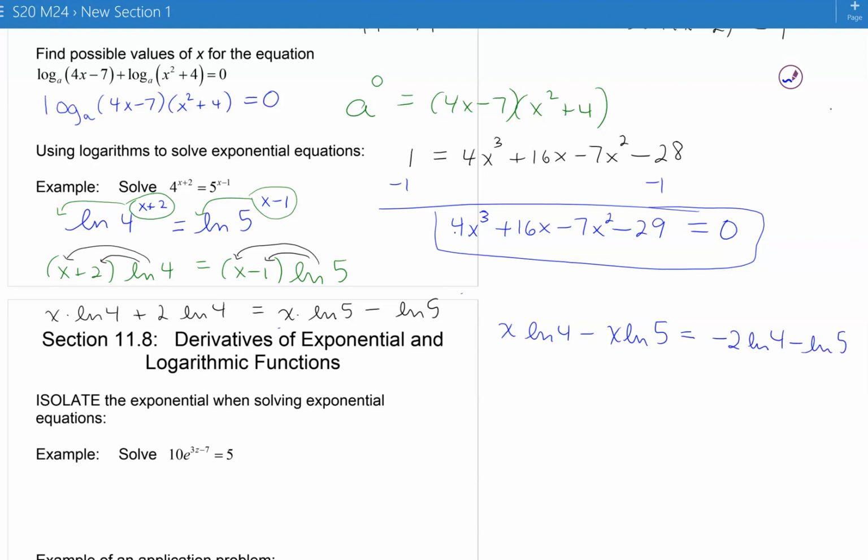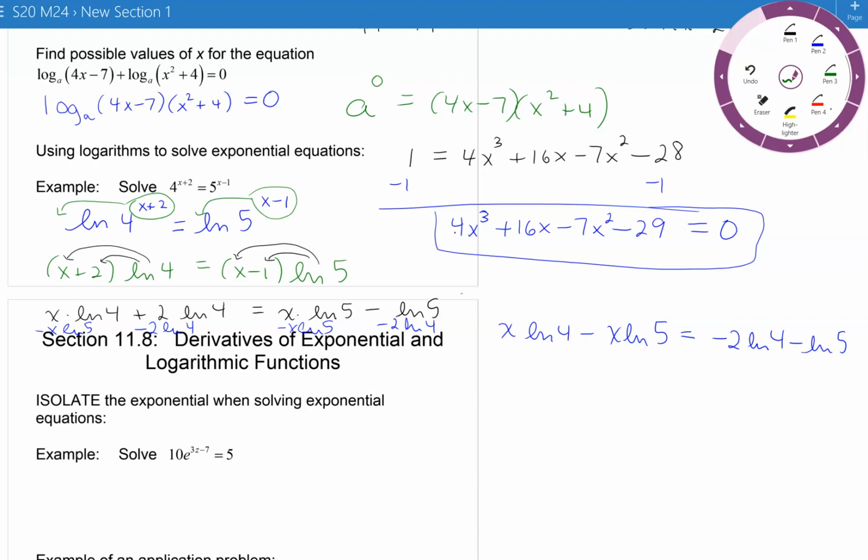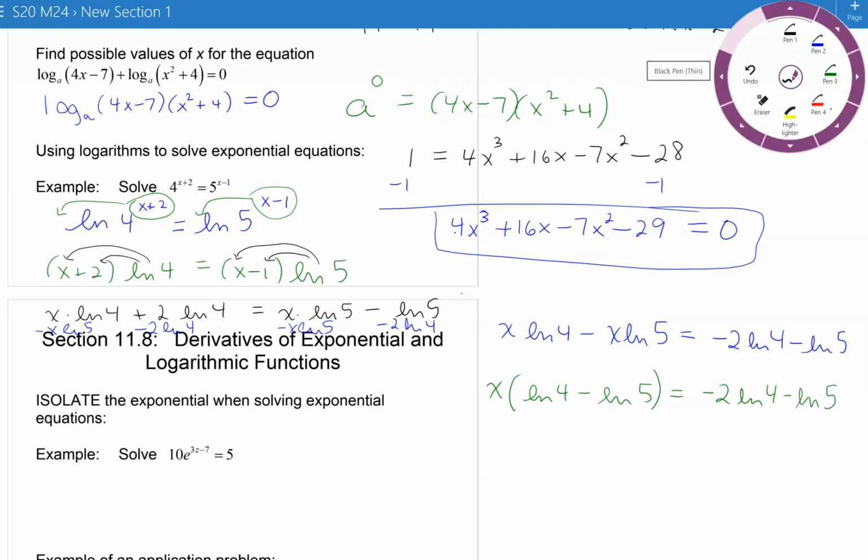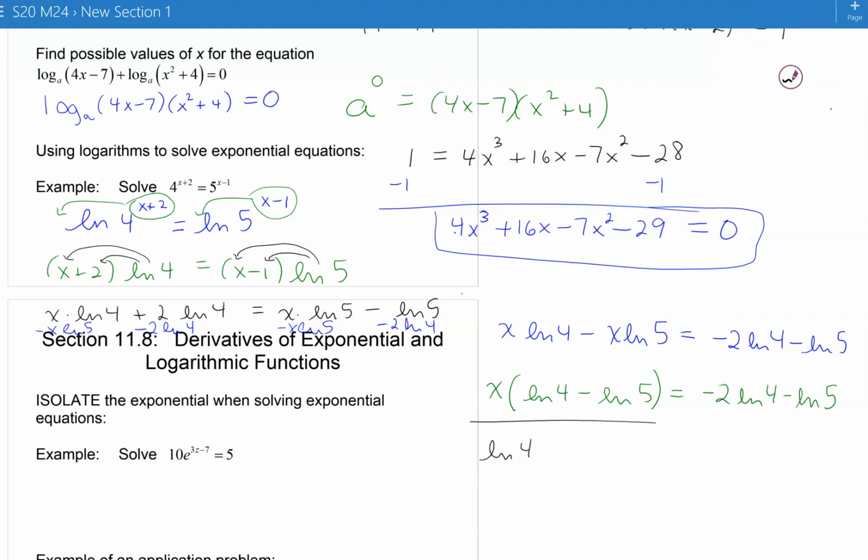So then I'm going to factor out the x and have ln 4 minus ln 5. Then divide both sides by the ln of 4 minus the ln of 5.